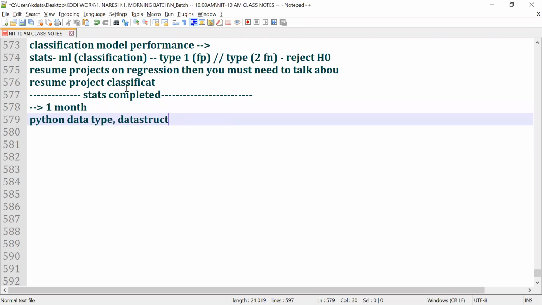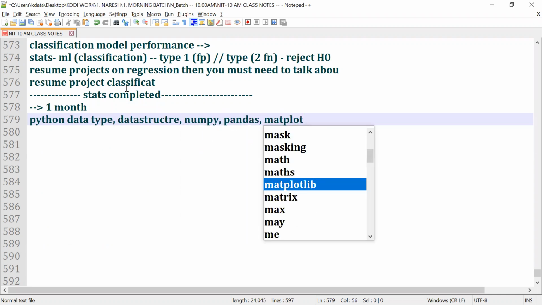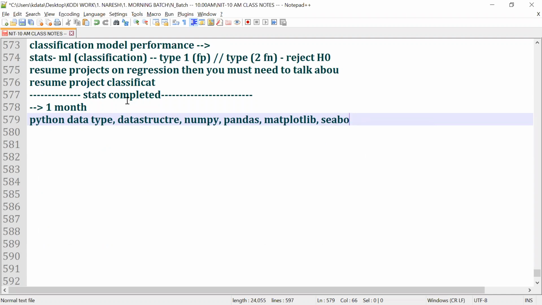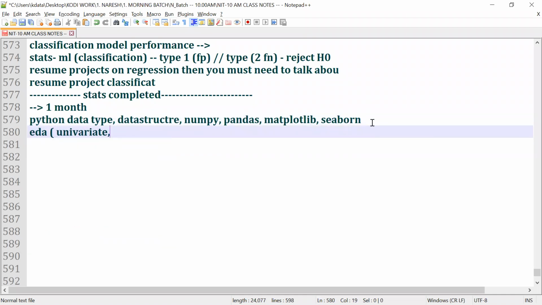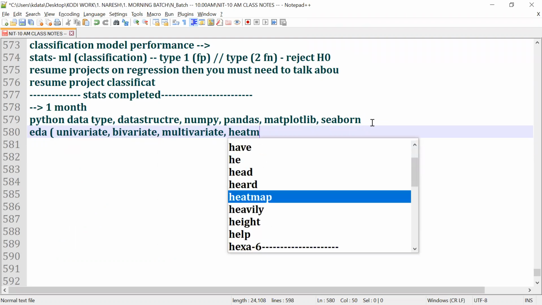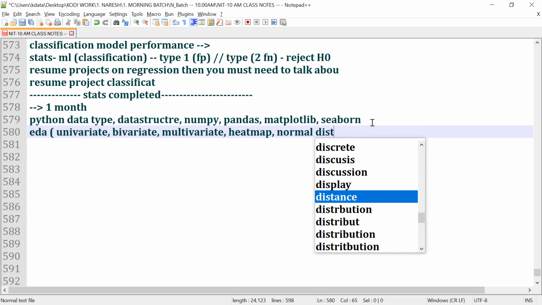Correct or not, guys? And then we introduced NumPy, Pandas, Matplotlib, Seaborn, and all those things, right? Next we completed EDA: univariate, bivariate, multivariate, heat map, and then normal distributions, right?